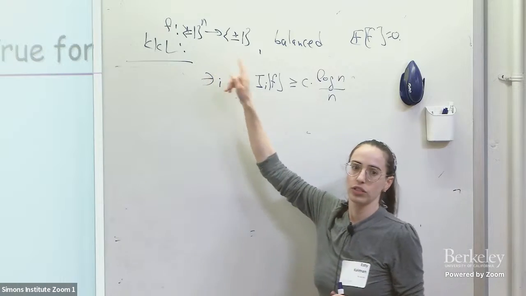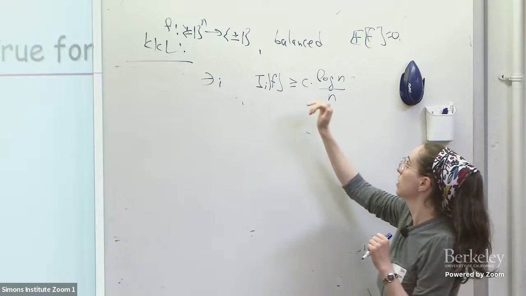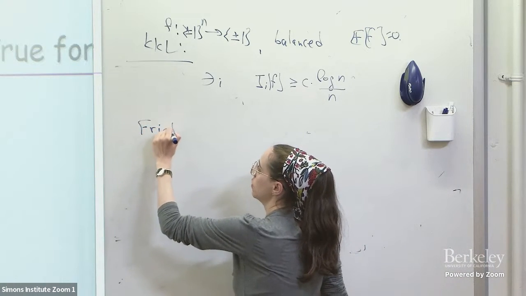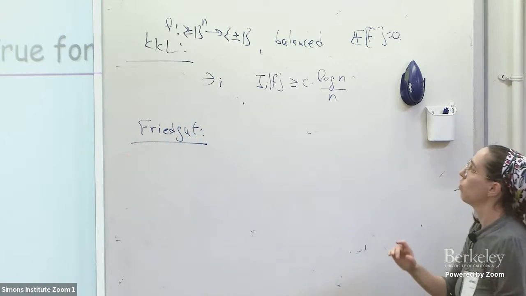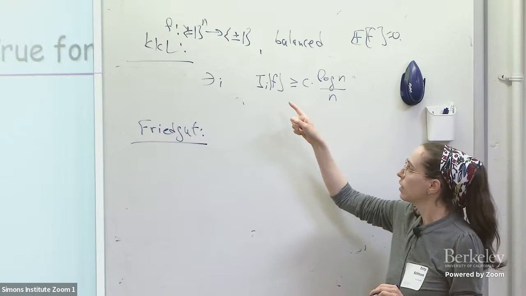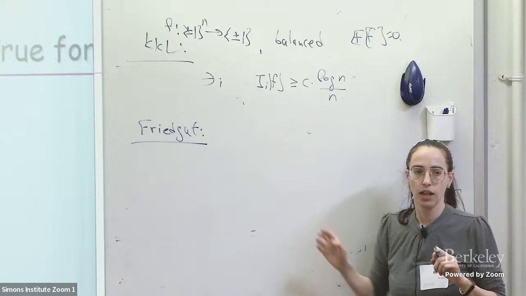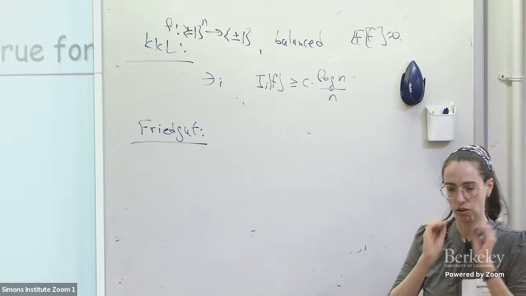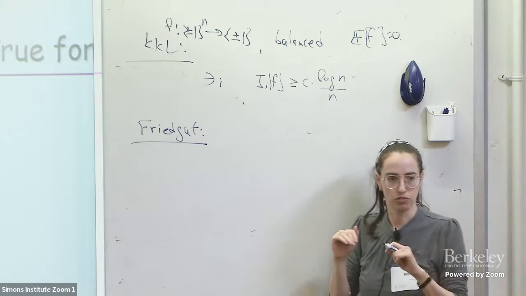What KKL showed is that there exists some variable, at least one variable, that has large influence. What Friedgut said is, let's take all the variables that have large influence. And if we look at a function that depends only on them, it will be close to the original function.